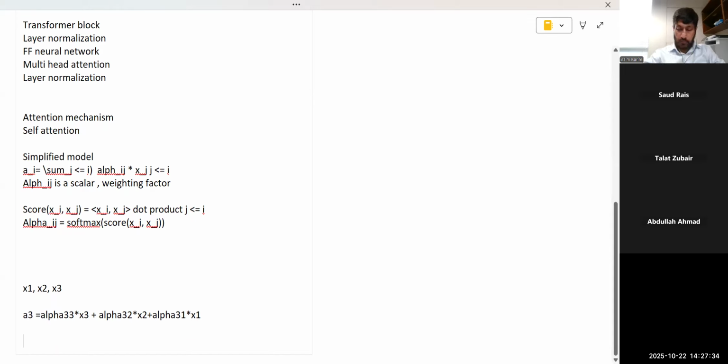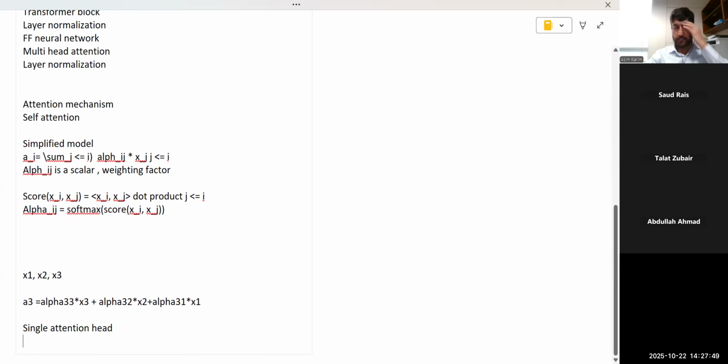Okay, so now let's make it a bit more sophisticated. And again, we are still talking about a single attention head. We will talk about multiple attention heads later. So we will use three concepts which are called the query, the key, and the value.